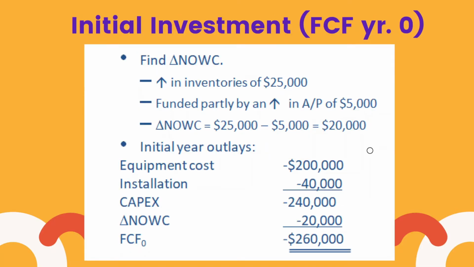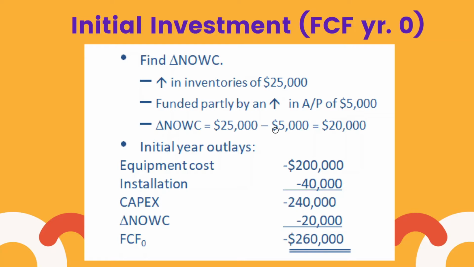To remind everyone where this $20,000 comes from, we go back to time zero. In the beginning of the project, we purchased raw materials and some spare parts of the equipment, $25,000. We received trade credit from the supplier of $5,000. So the net investment at time zero in this short-term operating asset or operating working capital is equal to $20,000.